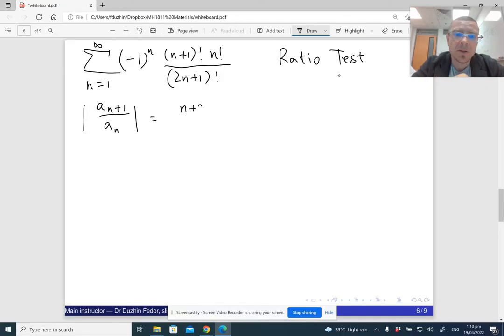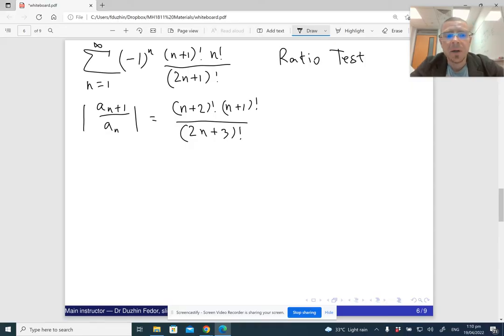So this is going to be n plus 2 factorial times n plus 1 factorial divided by 2(n+1)+1, so 2n plus 3 factorial, divided by a_n, and so I just need to multiply by the reciprocal, so 2n plus 1 factorial divided by n plus 1 factorial times n factorial.